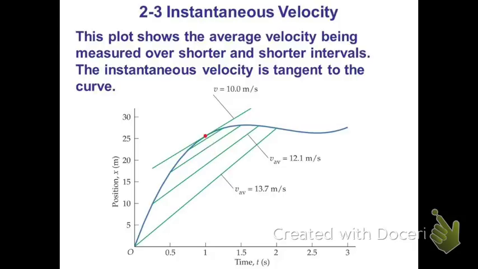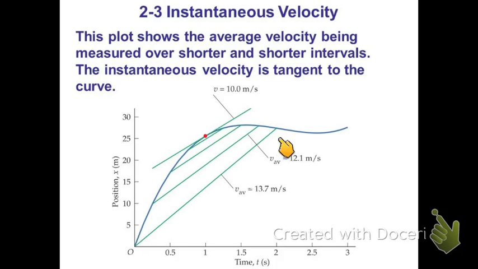First, we may pick 2 different points in time, an earlier time than 1 second and a later time, let's choose 2 seconds. Since we know how to calculate the average velocity between these 2 points, we can draw a line and calculate the slope of this line. This will be an approximation of the instantaneous velocity at time t equal to 1.